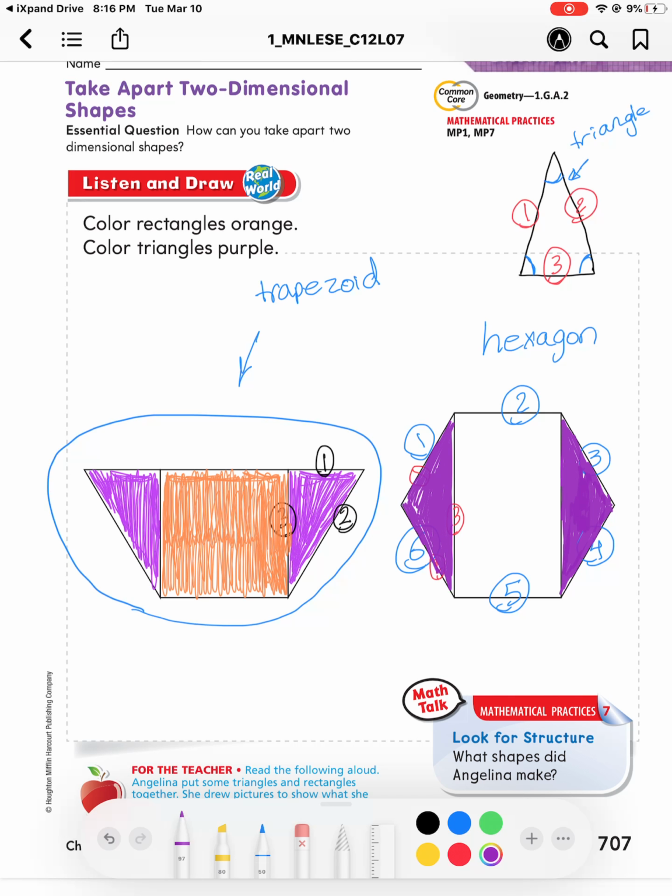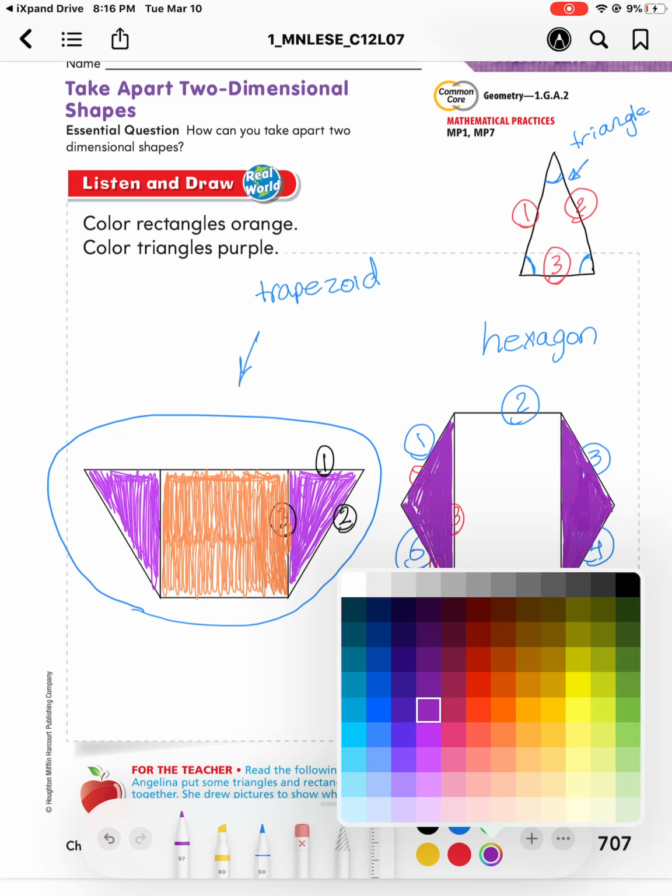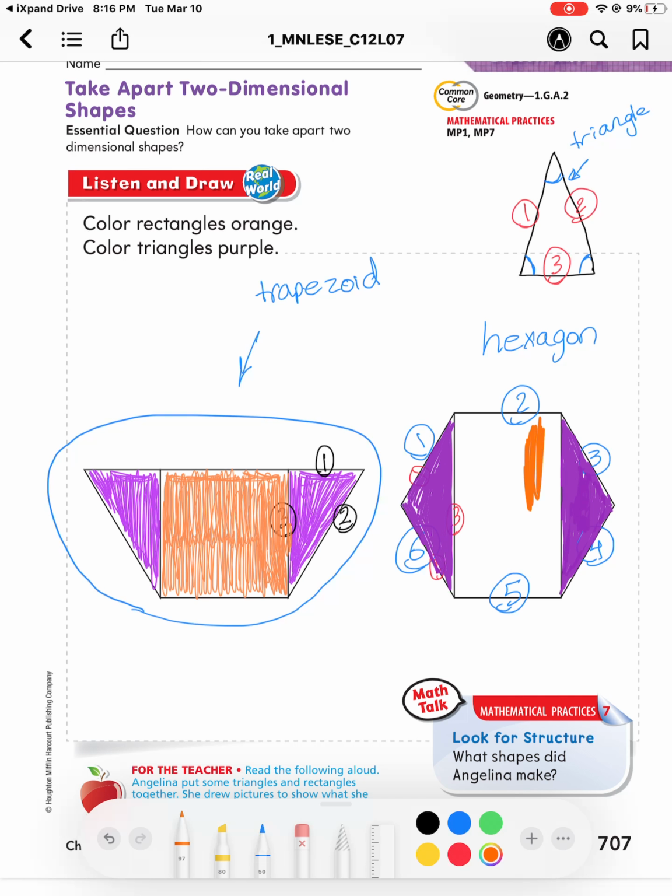Excellent. This is a rectangle. So we have to color it in orange.